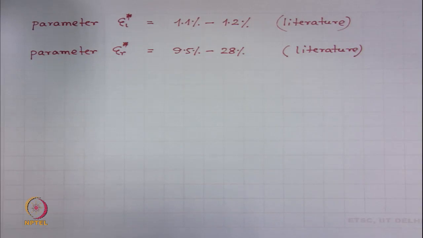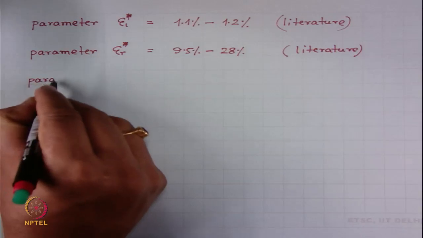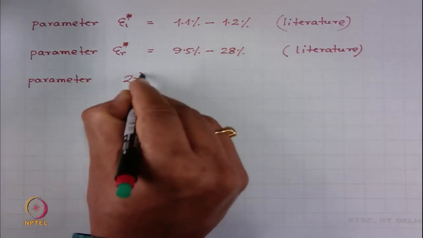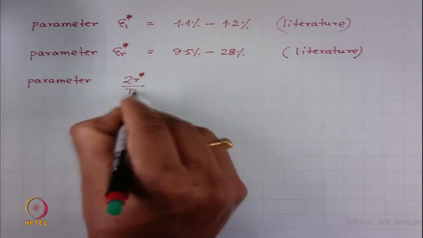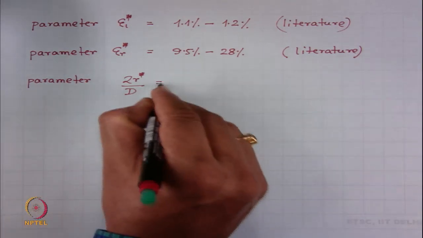Third parameter is 2 r star by d. What is the value of this quantity?